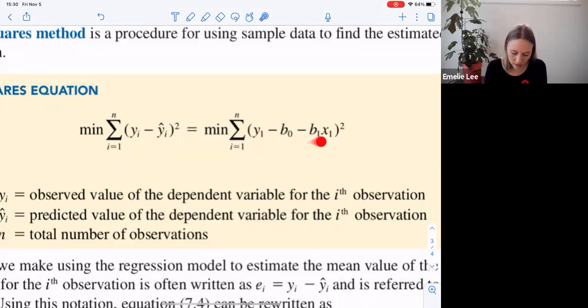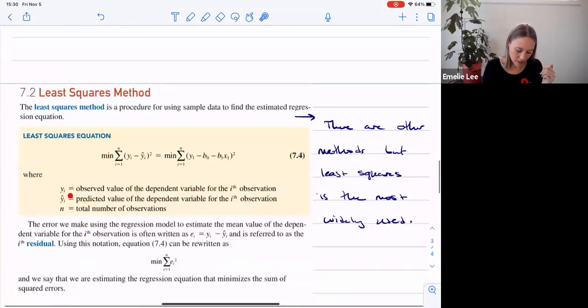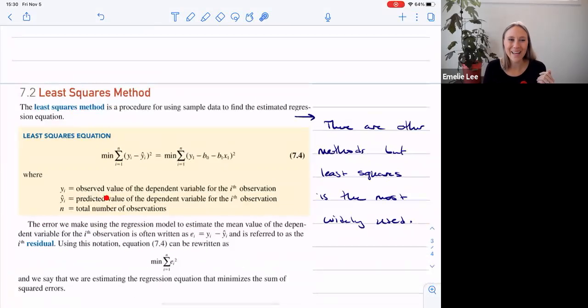So we have some observed value, yi. Usually we just use a little subscript i to denote the observation, because each observation is going to have an x and a y coordinate if we're trying to plot them on a graph. So I'm going to have some observed value of y, and then some predicted value of y based off of my hypothesized line.